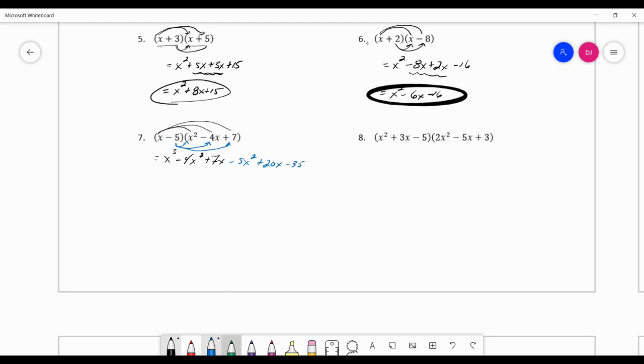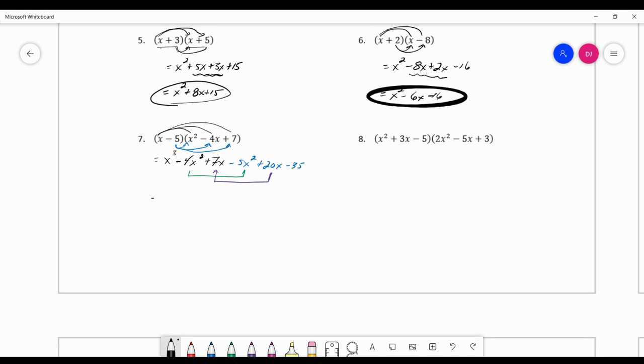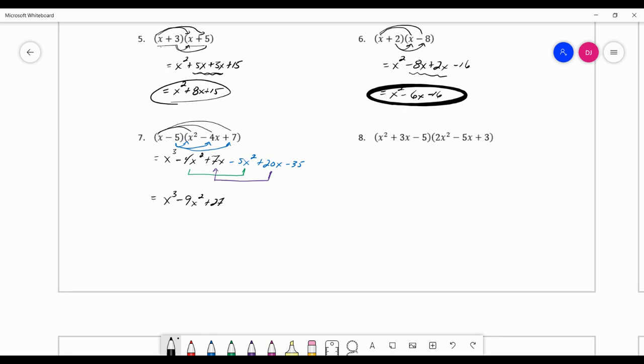Now we're going to go in here, we're going to look for like terms. And you'll notice that we can find the x squared terms, the negative 4x squared and the negative 5x squared. We can also find the 7x and the 20x. And so this is going to yield for me x cubed minus 9x squared plus 27x minus 35.